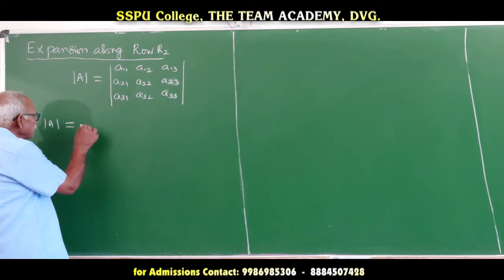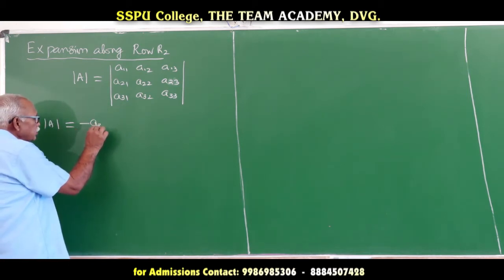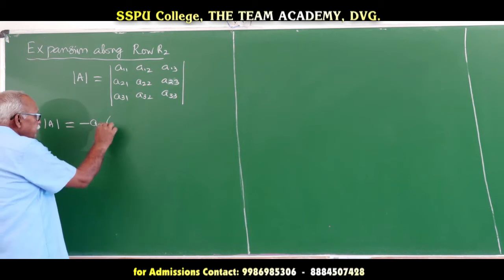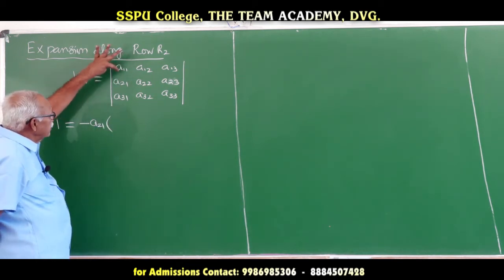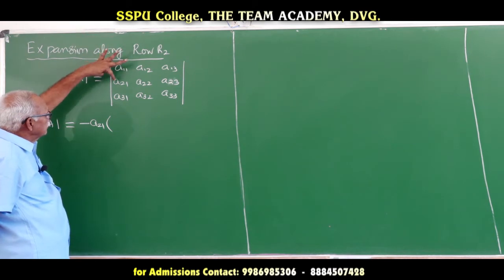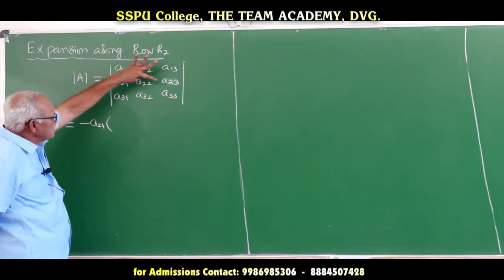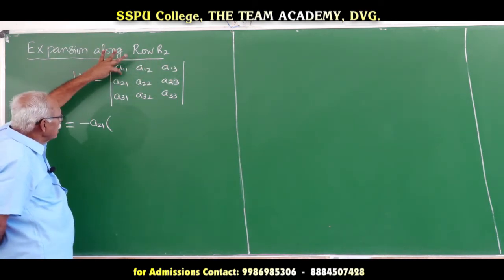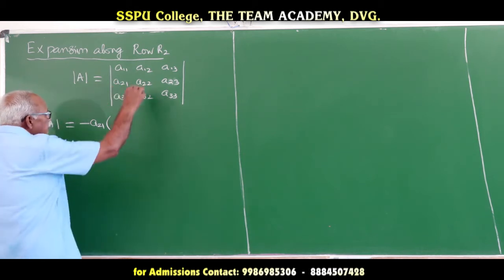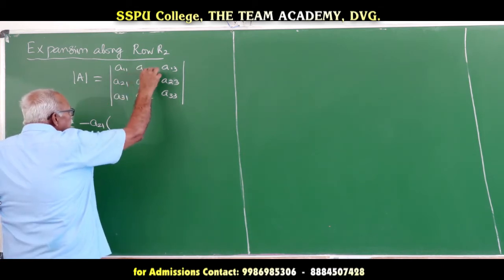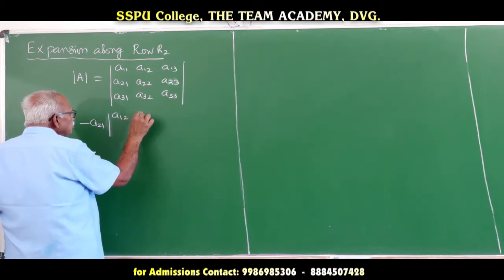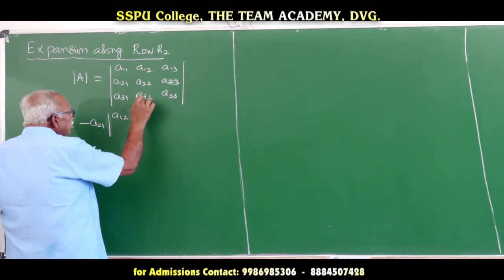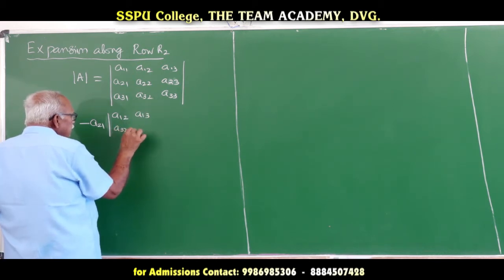So first you take minus A21 into the determinant obtained by eliminating the second row and first column, so we get only A12, A13, A32, A33.